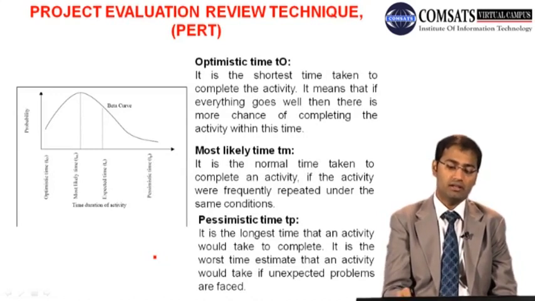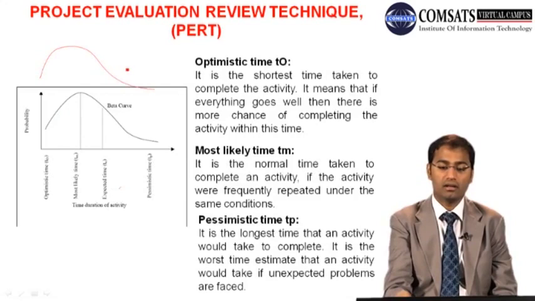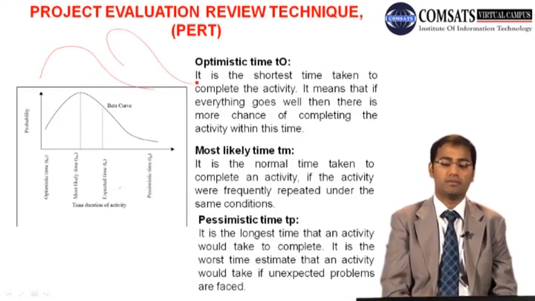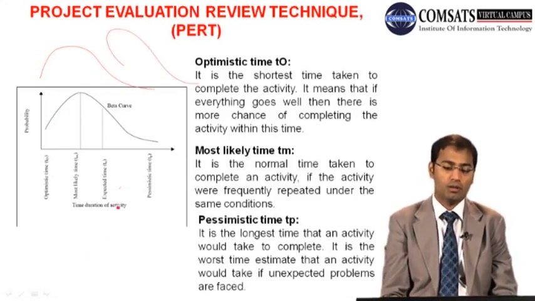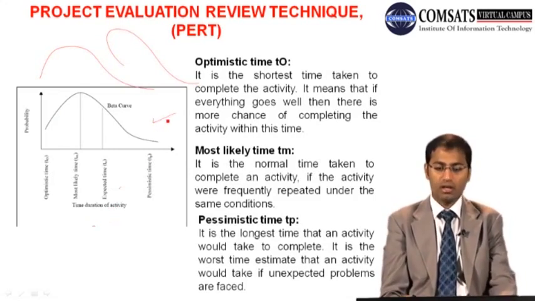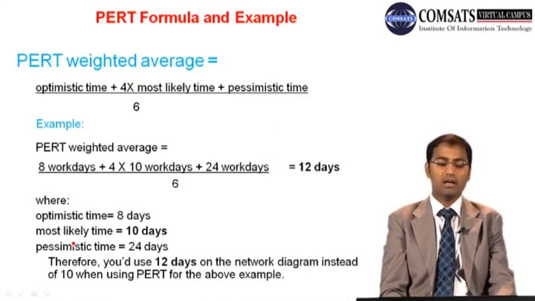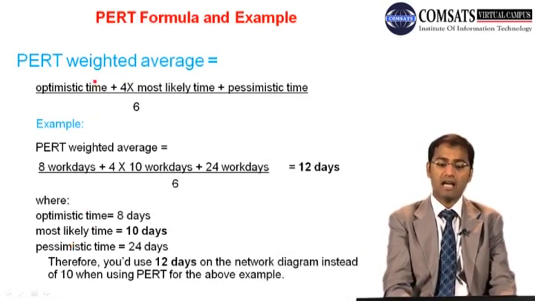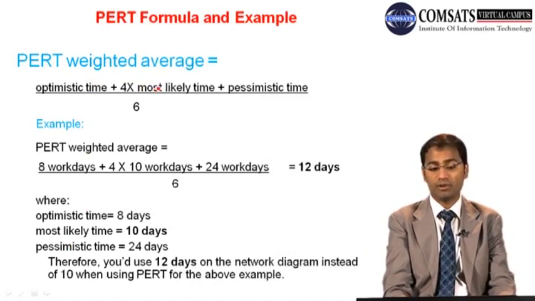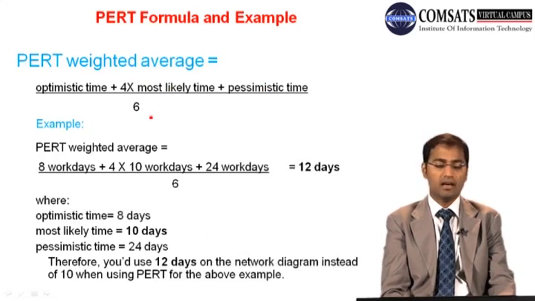So the duration distribution is kind of a beta distribution. Over there you can have the shape just like that, beta distribution, over time duration. So we are going to use this distribution. And there is a formula, and the formula is very straightforward: optimistic time plus 4 times most likely time plus pessimistic time, and then we divide it by 6.